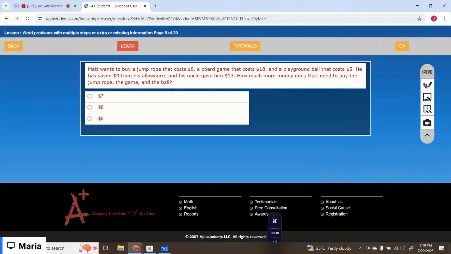Matt wants to buy a jump rope that costs $8, a board game that costs $18, and a playground ball that costs $5. He has saved $9 from his allowance and his uncle gave him $13. How much more money does Matt need to buy the jump rope, the game, and the ball?